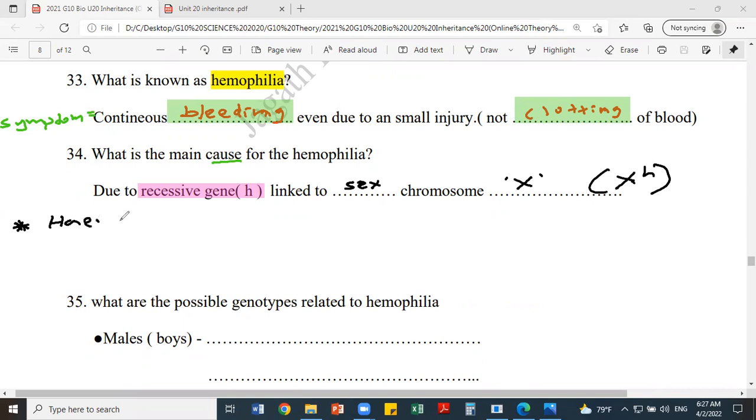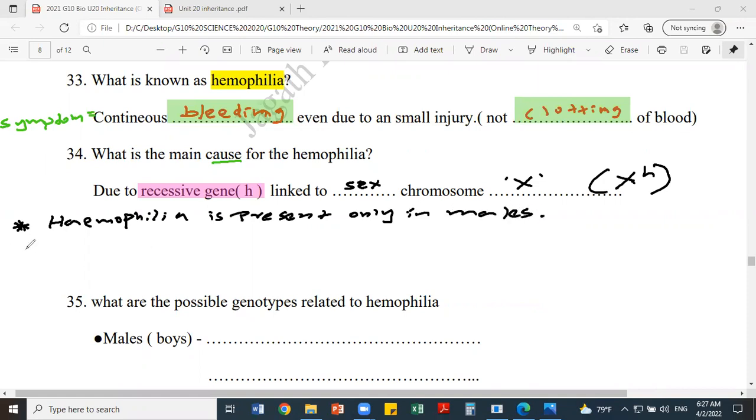That's very, very important. Females will never get this disease.